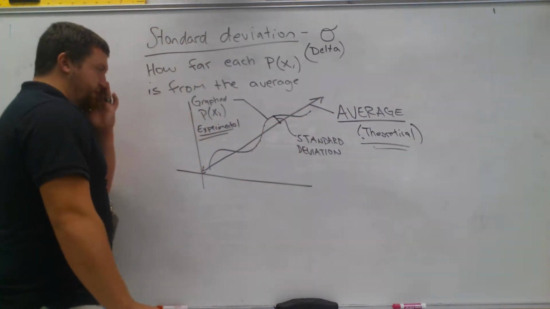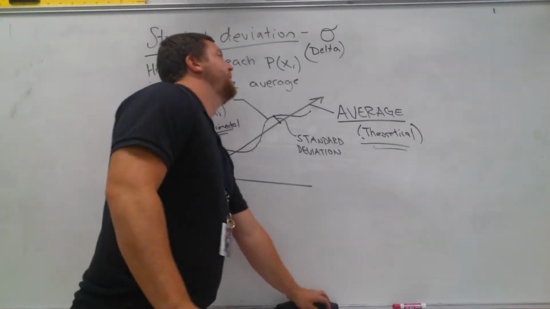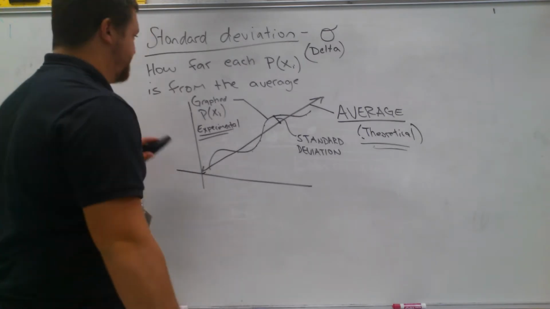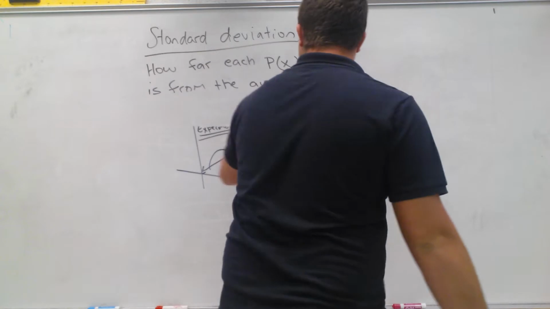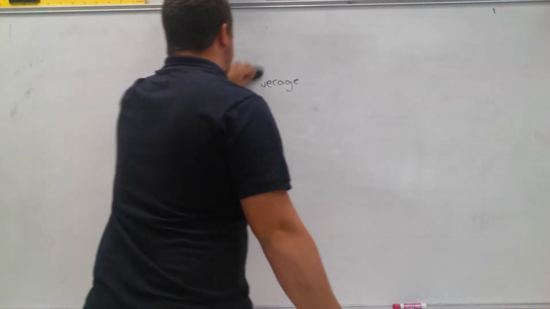Now, there's a big ugly equation that I'm going to teach you, but before we get to the big ugly equation, we're going to talk about a probability distribution so that you can kind of put all this stuff together. So a probability distribution, I'm going to erase this. You need to go back and pause if you need to.